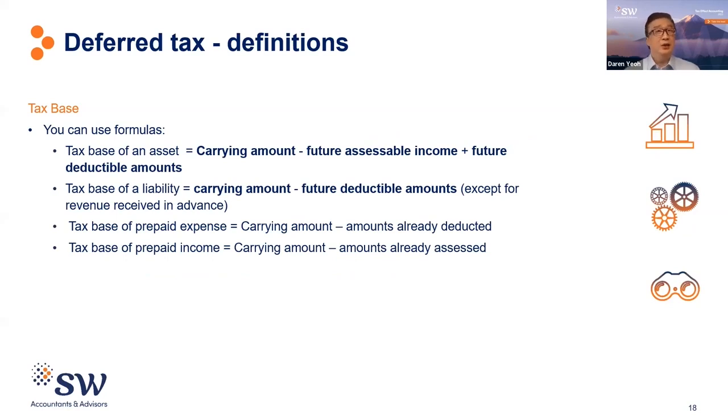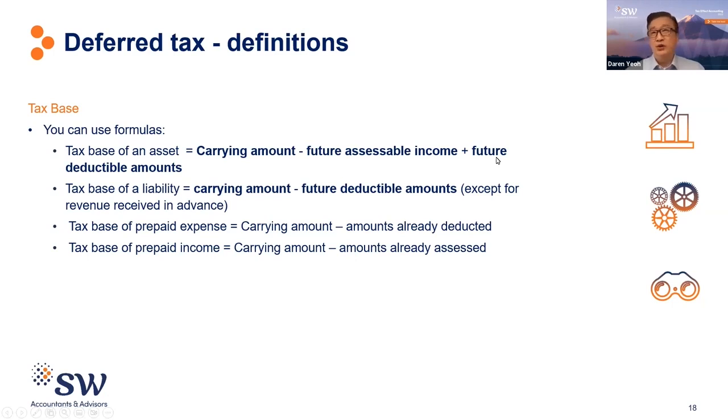Now, if you like, you can use these formulas here to calculate the tax base of your assets and liabilities. For the tax base of an asset, you start with the carrying amount, and then you minus the future assessable amount from the use or sale of that asset. And AASB 112 says the future assessable amount will always equal the carrying amount. So you can make that assumption.